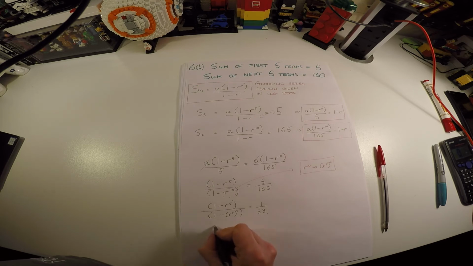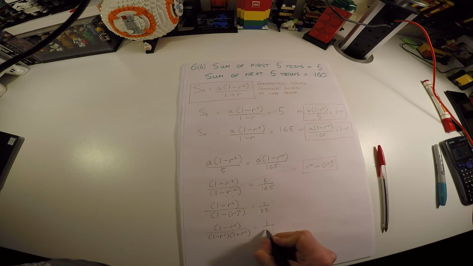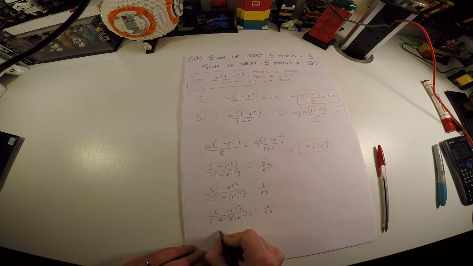So we can stick on the top 1 minus R to the 5, but now the bottom is 1 minus R to the 5 and 1 plus R to the 5, equal to 1 over 33. So they cancel and we're left with 1 over 1 plus R to the 5 equals 1 over 33.